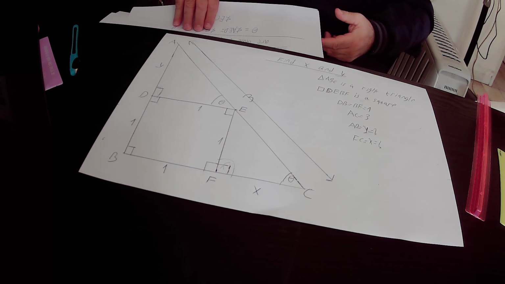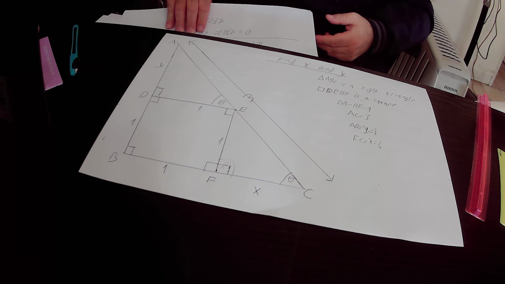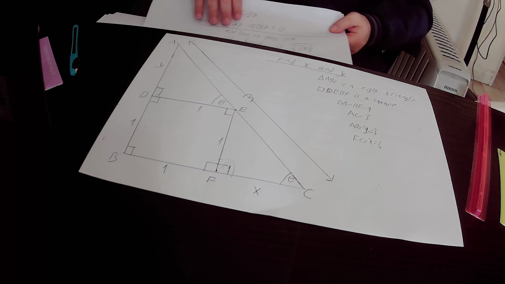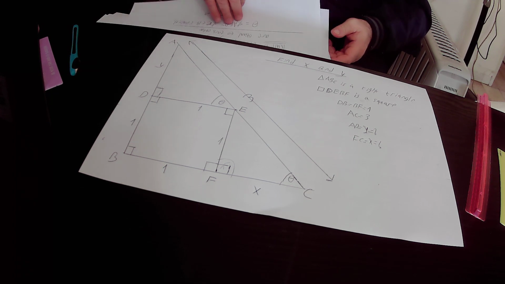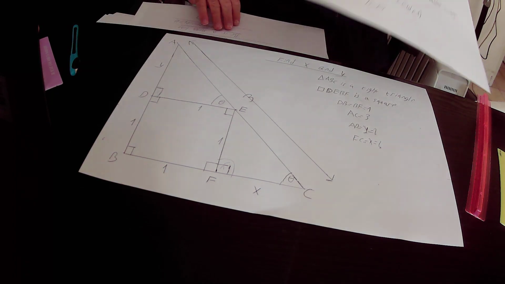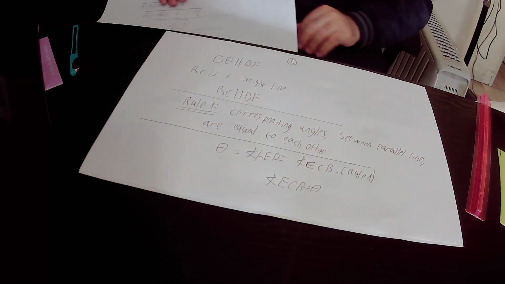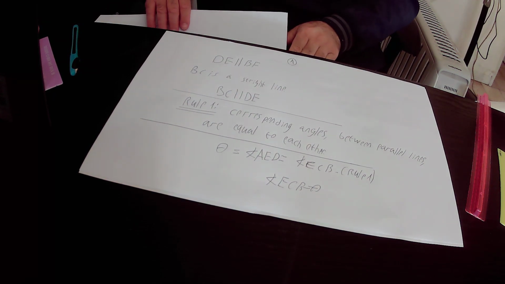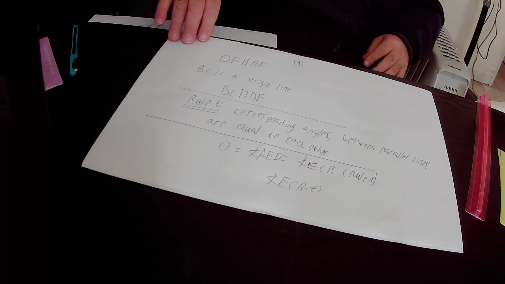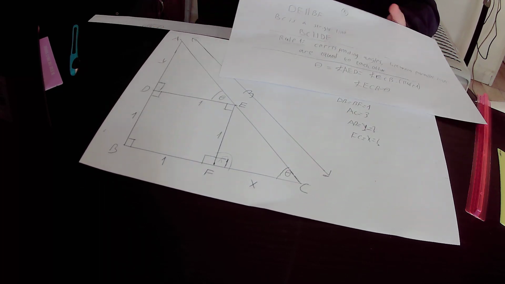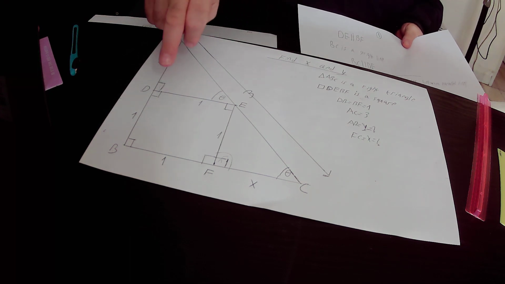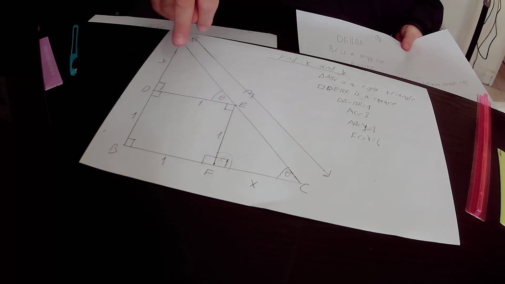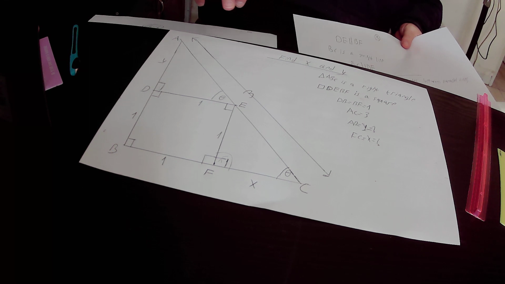First of all, we know that the opposite sides of a square are parallel to each other. That is to say, DE is parallel to BF. But we also know that BC is one side of the right triangle ABC, therefore it is absolutely a straight line.